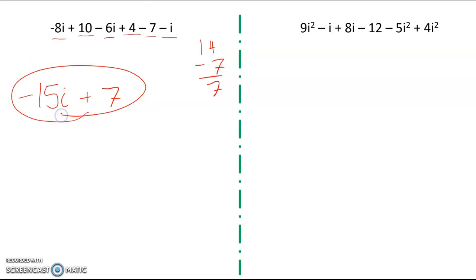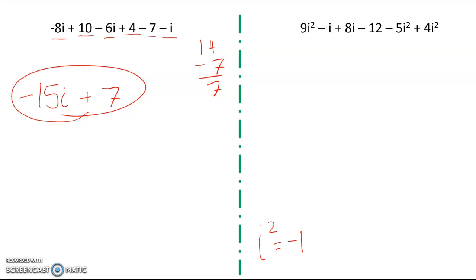Okay? Now over here, we are introduced to some i squared. So now remember what we did yesterday. Remember that i squared is the same thing as negative 1. So anytime that we can substitute in a real number for our imaginary numbers, we want to go ahead and do that. If we can see that we can substitute in negative 1 for our i squareds here, we can go ahead and do that.